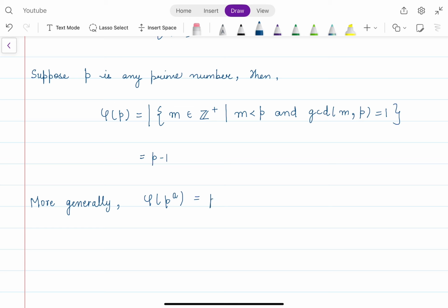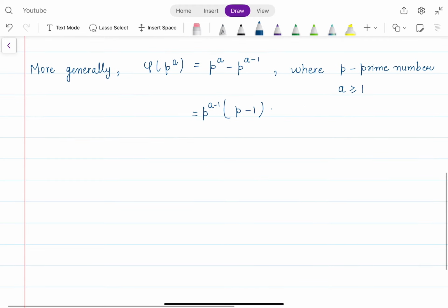This will be p raised to power a minus p raised to power a minus 1, where p is any prime number and a is any positive integer. We can write this as p raised to power a minus 1 times p minus 1.